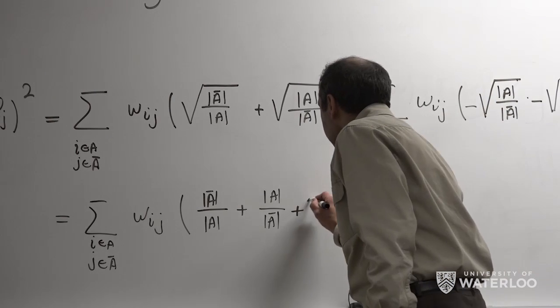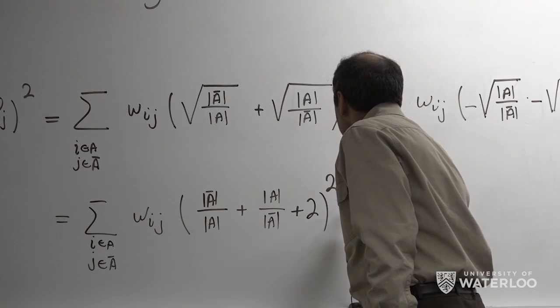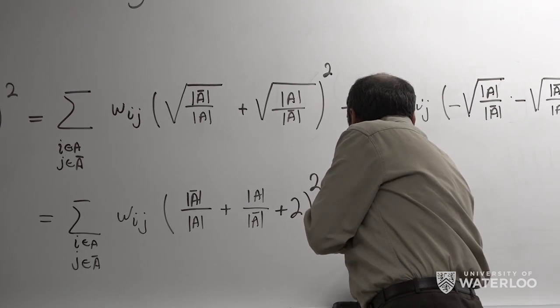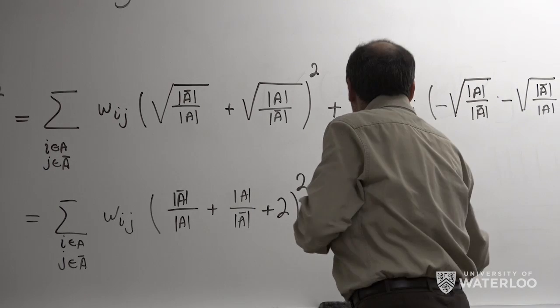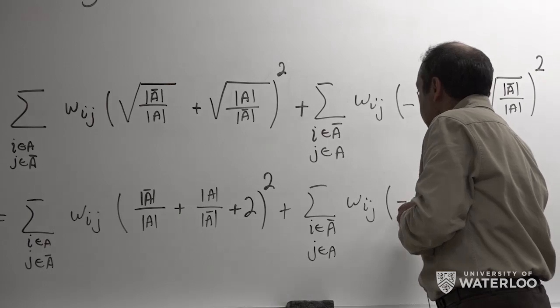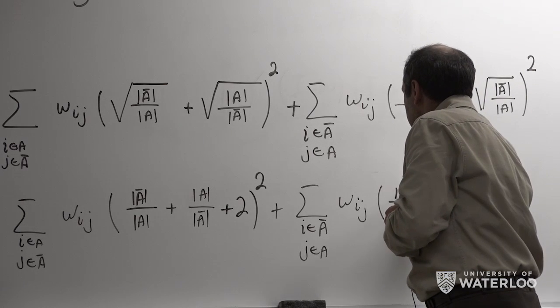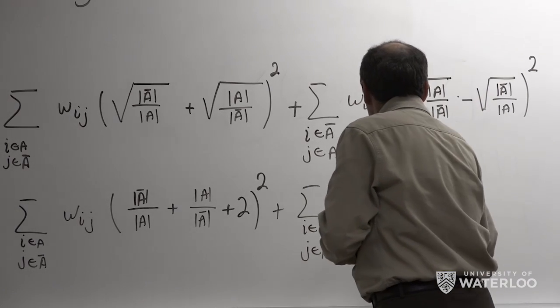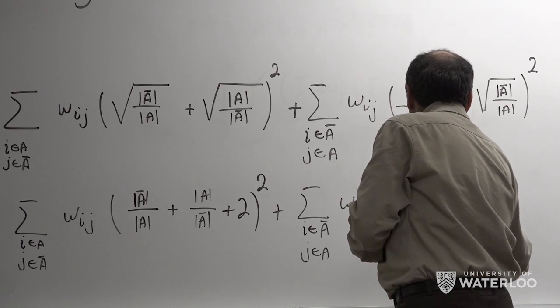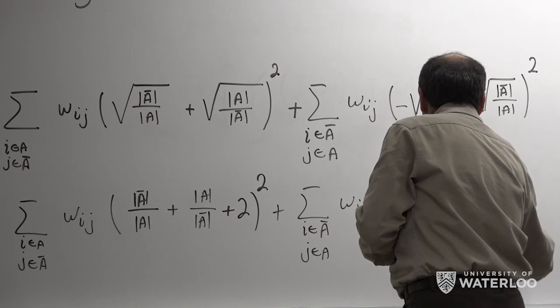So plus 2, plus i is in A bar, j is in A, w_ij. The same thing will happen here. So it's A over A bar plus A bar over A plus 2.